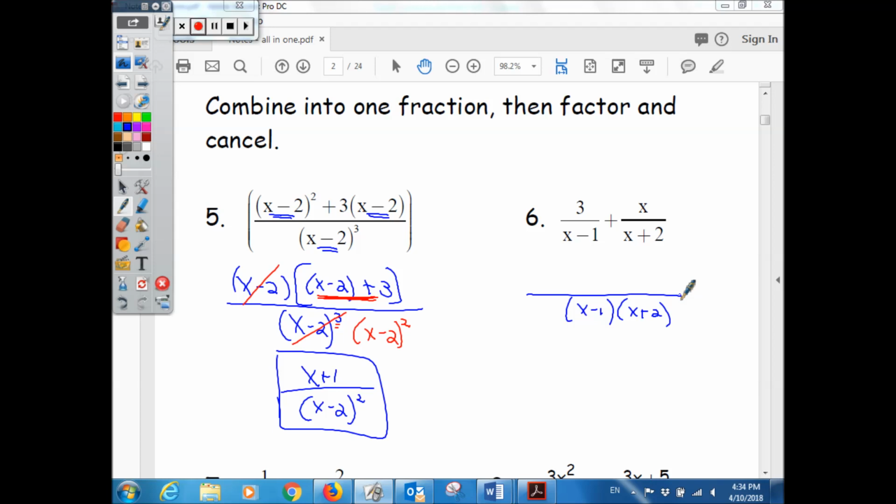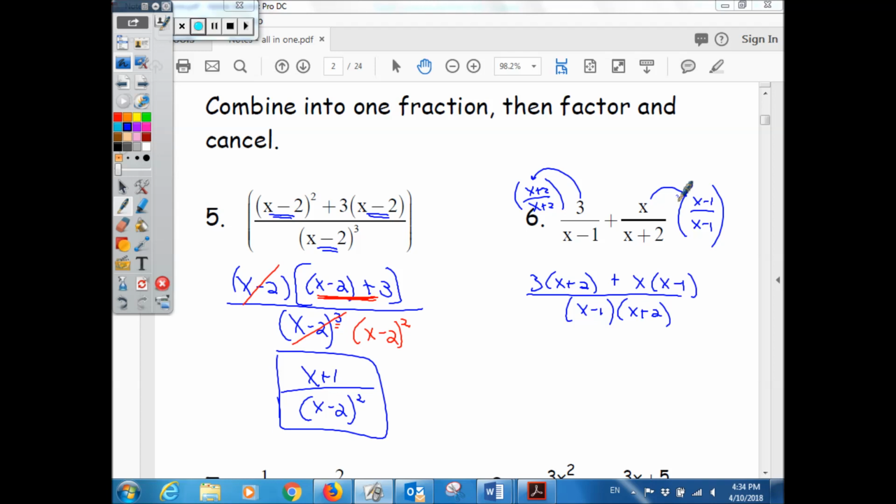In the numerator, this first fraction is missing the x plus 2. The second fraction is missing the x minus 1. So I'm going to multiply the 3 times x plus 2 for the first numerator and add to it x times x minus 1 from the second numerator.